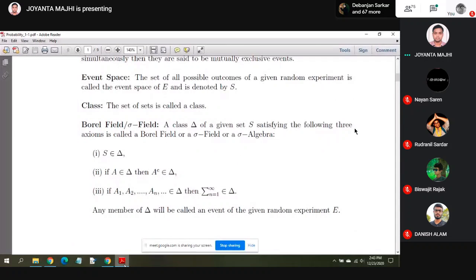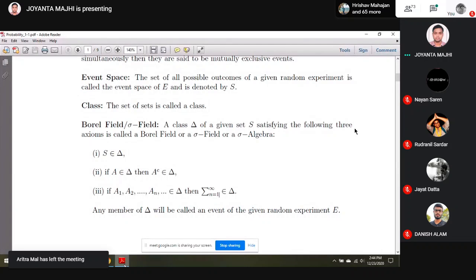What is a Borel field or sigma field? If a class delta of a given set S satisfies the following three conditions, it is called a sigma field, sigma algebra or Borel field. The set S belongs to delta. If A belongs to delta, then its complement A complement also belongs to delta.